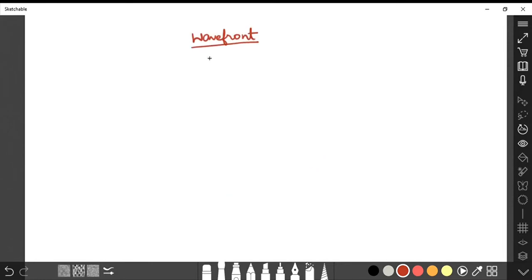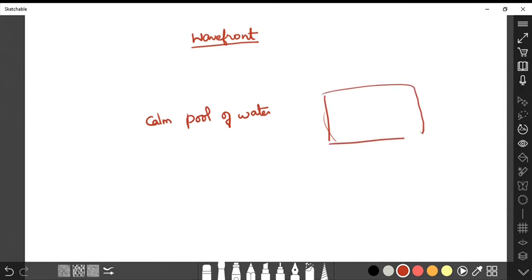Let me explain this concept wavefront with an example. Imagine there is a calm pool of water. The water is still. That means there are no oscillations present in the water.